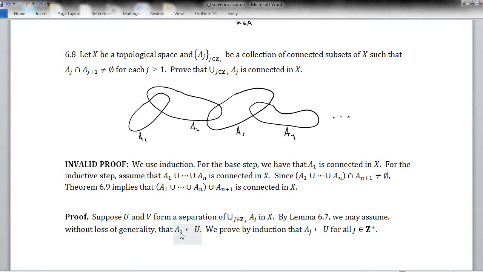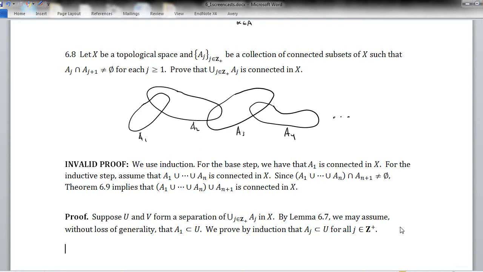Okay, so whichever one it's in, let's call that one U. We can rename them if we have to. And I'm going to prove by induction that actually every single one of the A sub j's is in U. Okay, and this is going to give me what I want, because I do know that if each A sub j is in U, then the infinite union of A sub j's is also in U. Okay, so that's how I'm going to get from the finite union to an infinite union level.